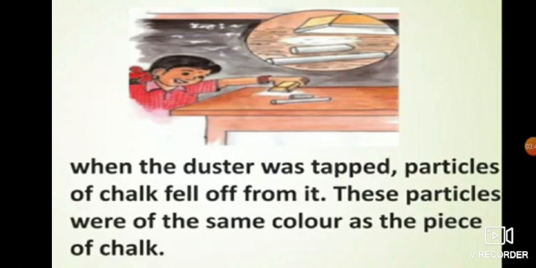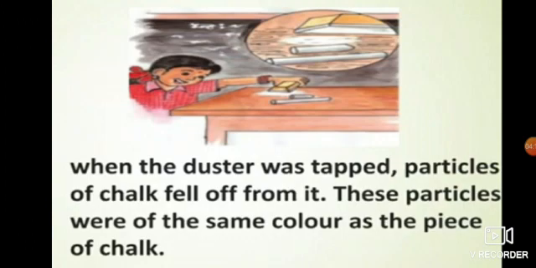Girls, whenever we tap the duster on the table or near the window, we can see that there are many chalk particles scattered over there. This is the powder of chalk. So that means particles were on the blackboard.